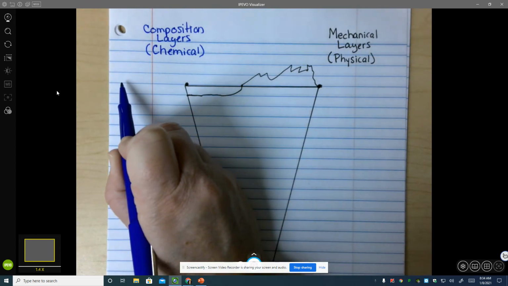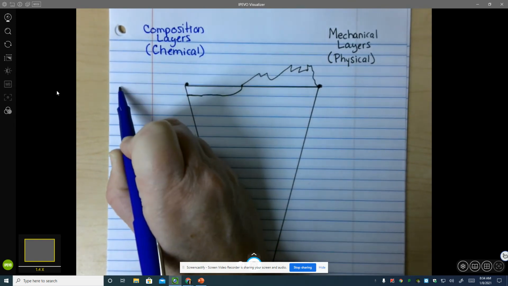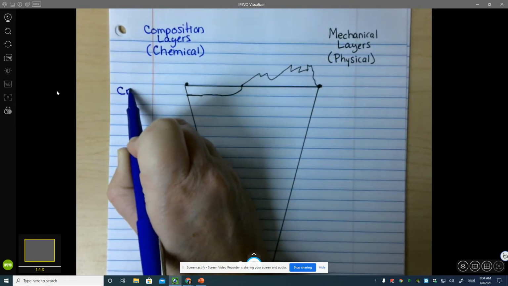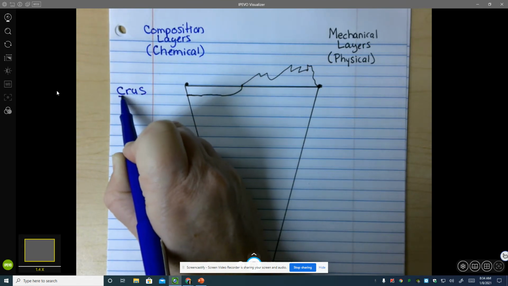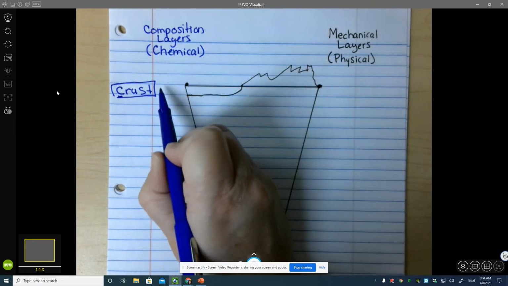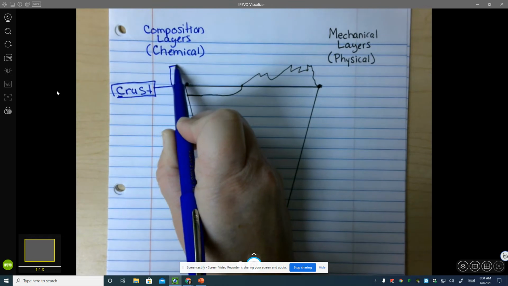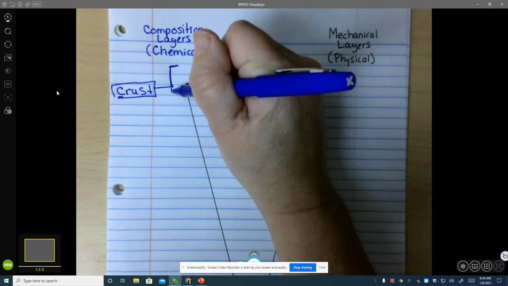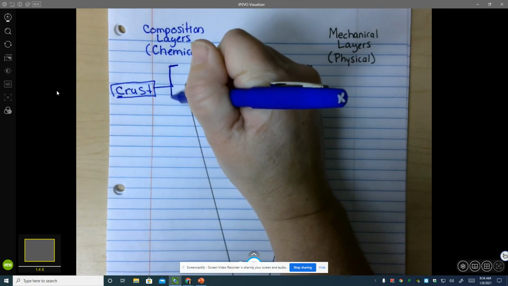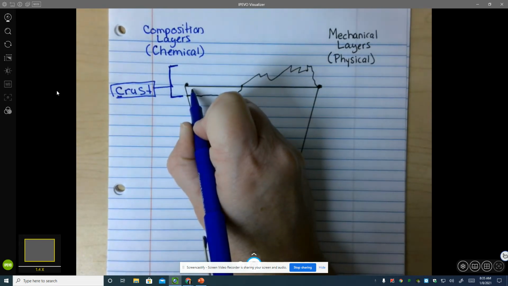Now on this side, the layers are organized by their chemical features. So this is the crust. We're going to put the crust over here. And of course, the crust includes what? All the way from the top of the mountain to the ocean. Okay? And our crust has two different types of crust.